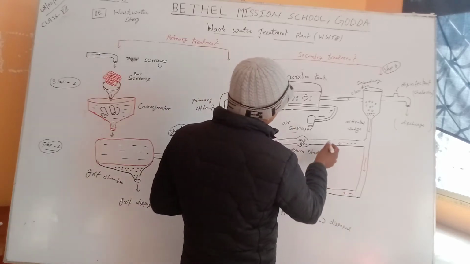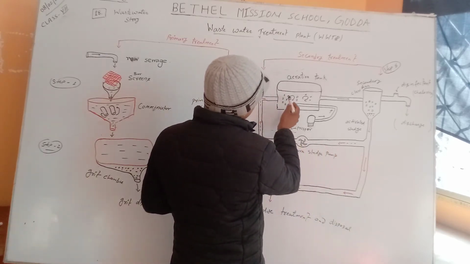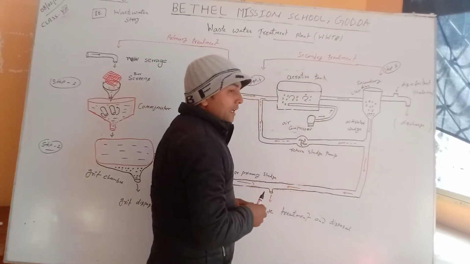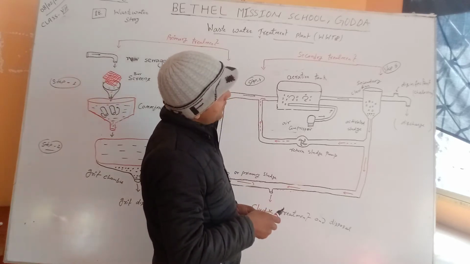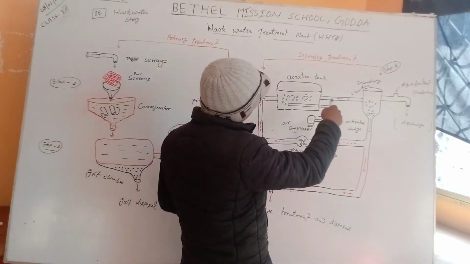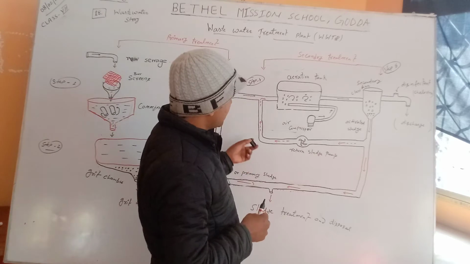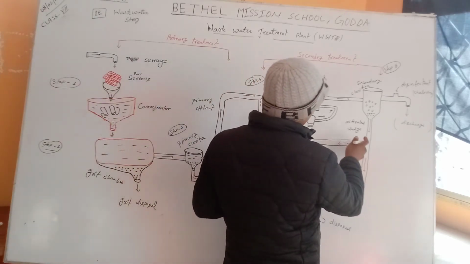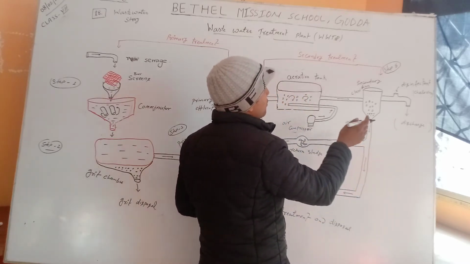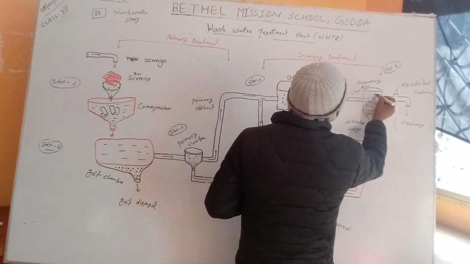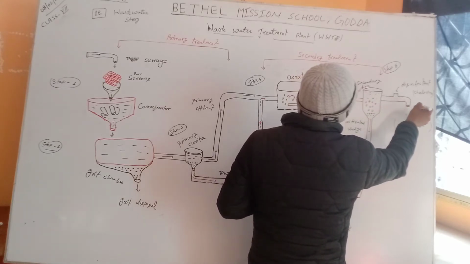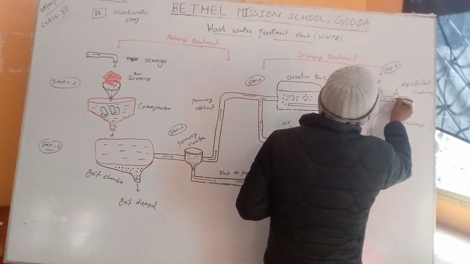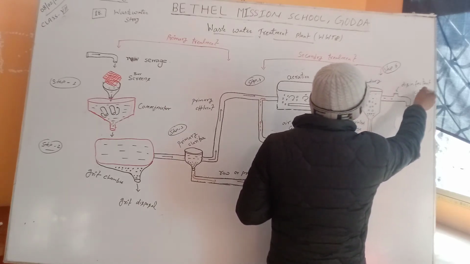Okay, and then it comes to the aeration tank again, and here also it gets air from the air compressor, and the process is repeated. Okay, and then till it is pure water, and now the pure water comes, and before the discharging, the water is mixed with chlorine.